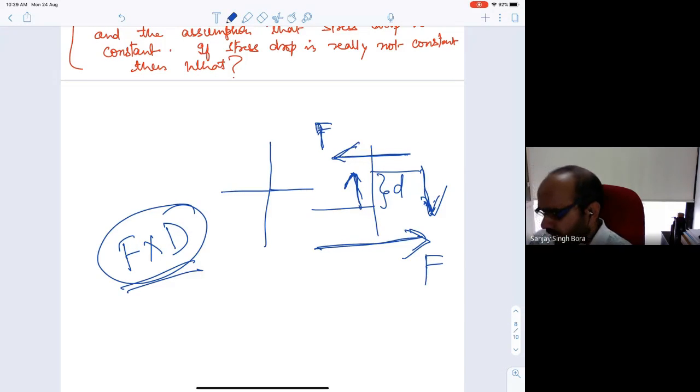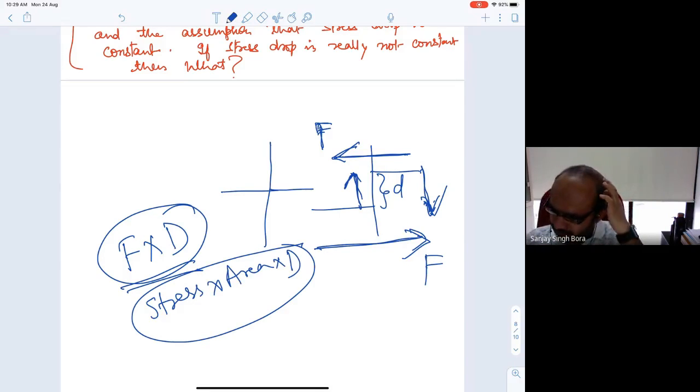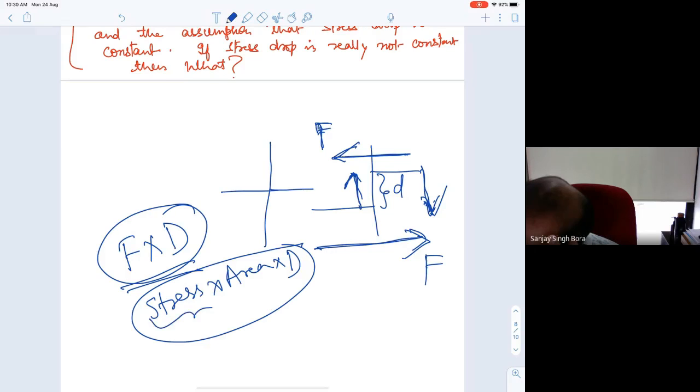Then you can write it in terms of stress multiplied by area multiplied by D. Area is coming because stress is force per unit area. So stress, area and D are there. And stress is proportional to strain, mu.